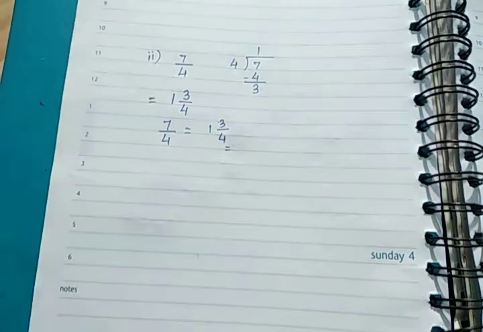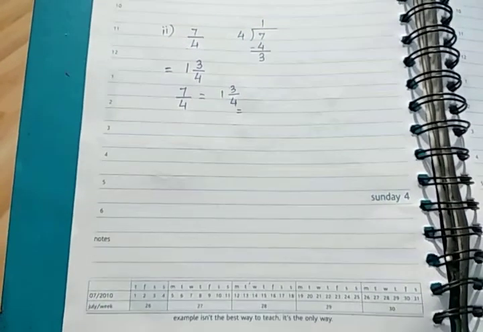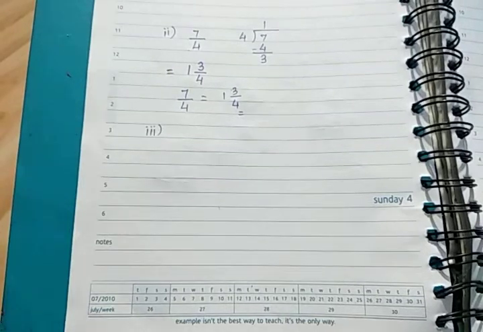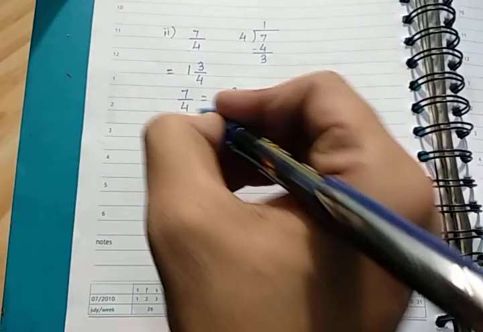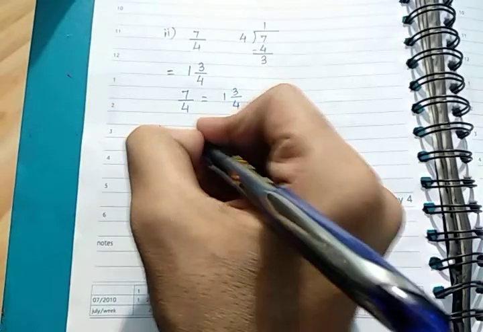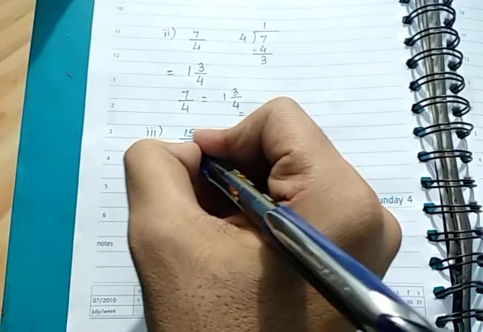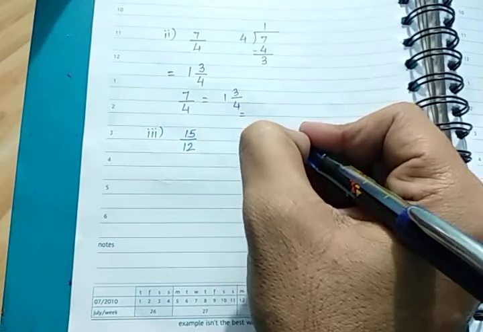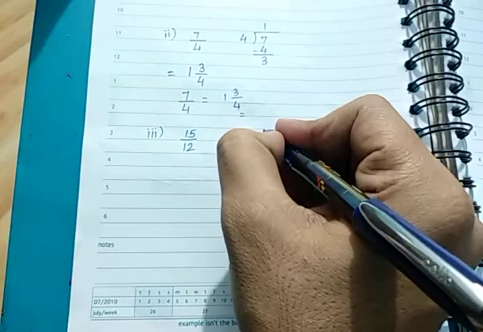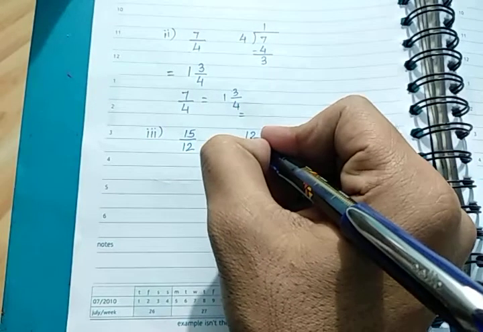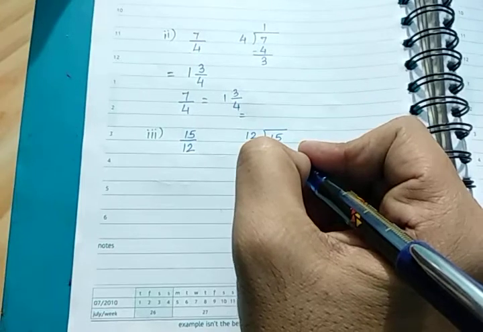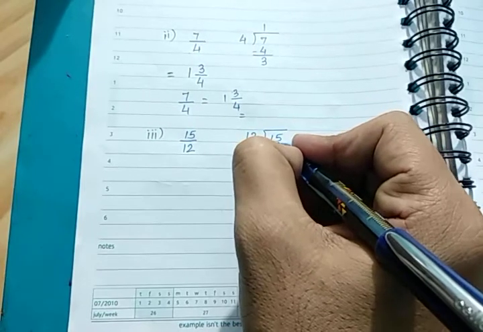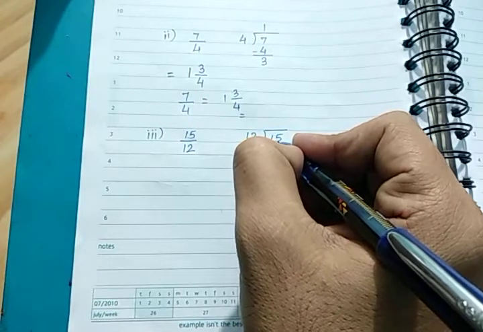Let's see one more example. Now the third one is 15 divided by 12. Now let's use the same method here. I'll divide 15 by 12. 12 ones are 12, 12 twos are 24.